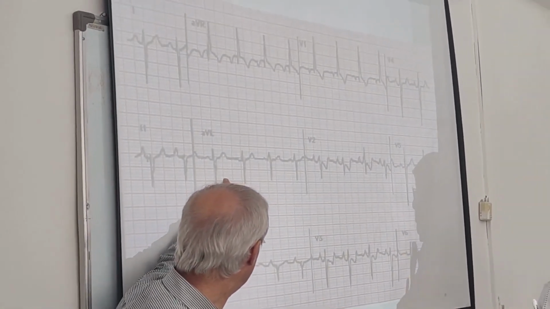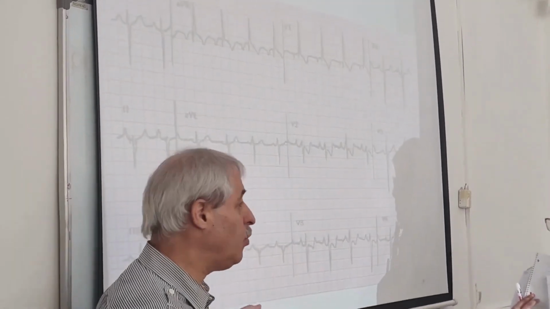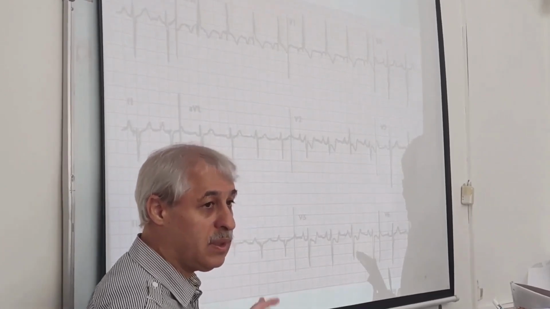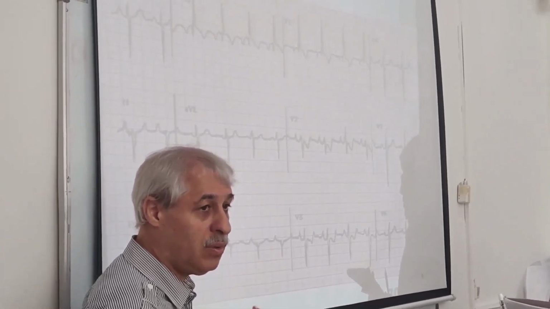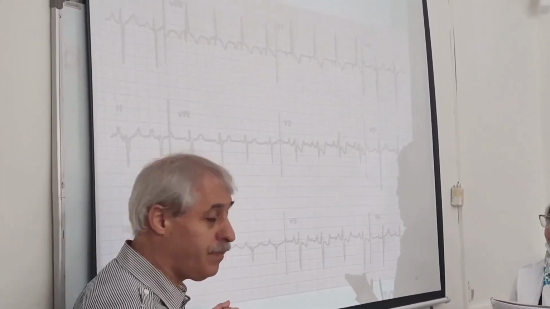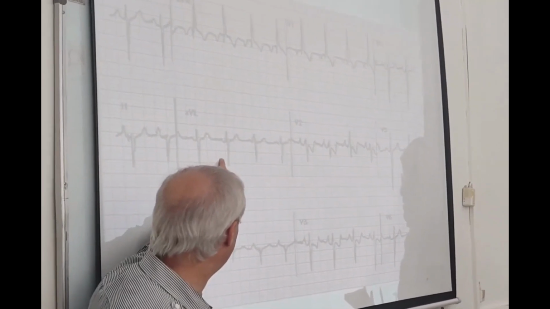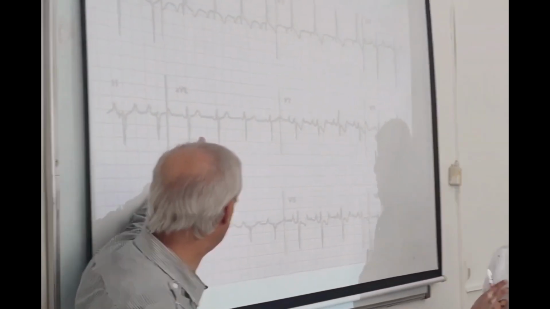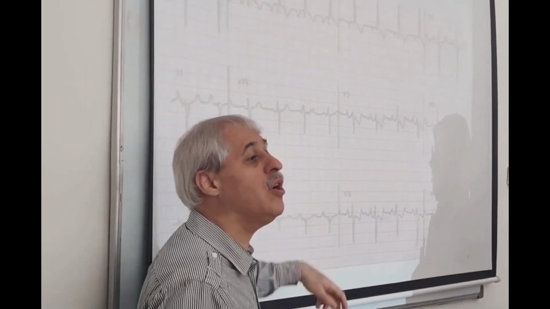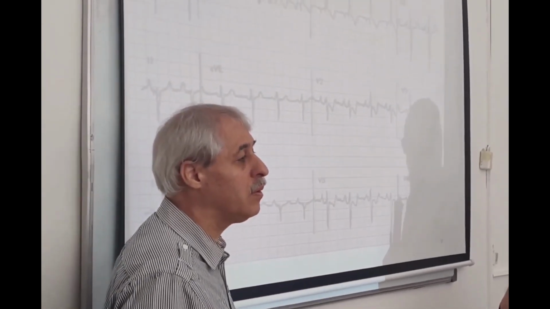How many small squares do we have? 5, 10, 14, 15. 15 times 0.04, how much would it be? 0.6.